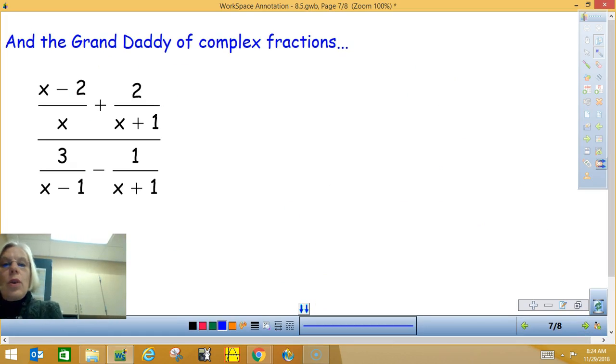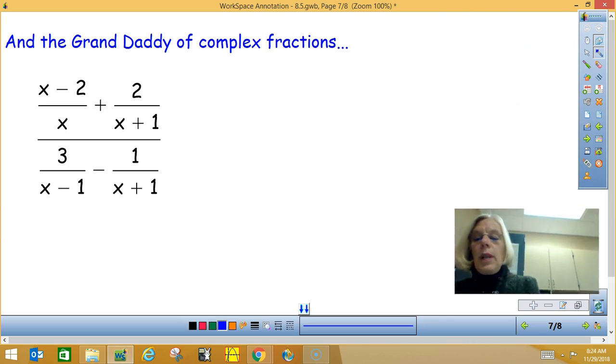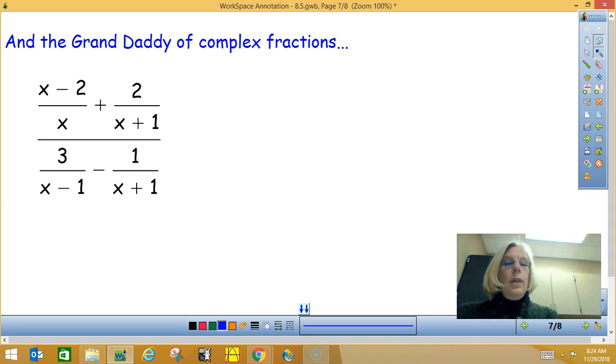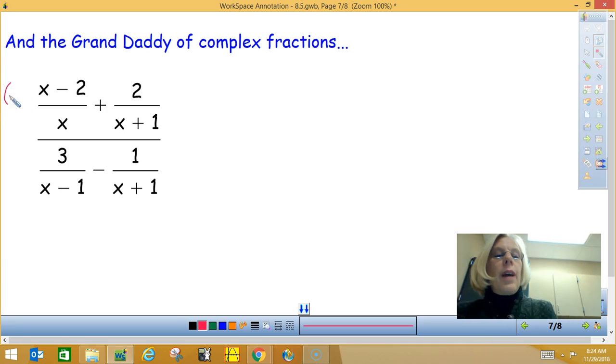And here is one more example. So, this is pretty involved. Let's start with our numerator. In the numerator, I need a common denominator, and the denominator is going to have a factor of x and a factor of x plus 1.